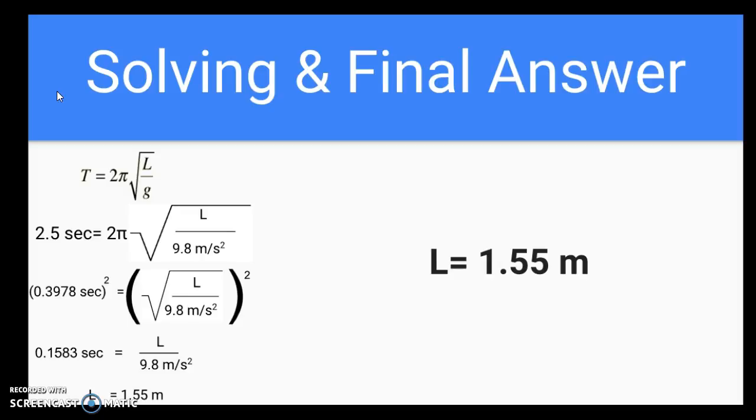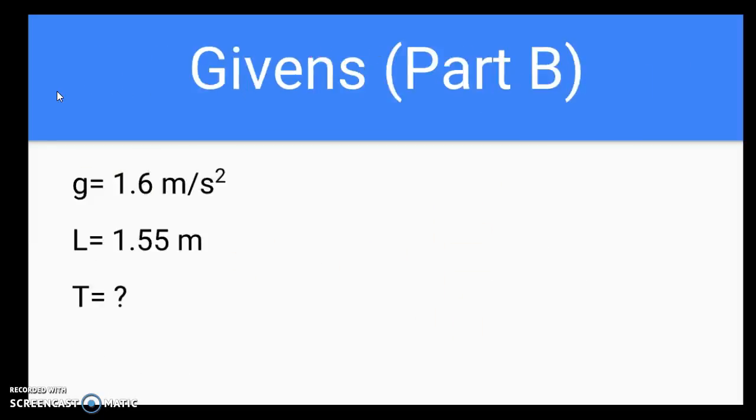After that, we are going to square both sides to cancel out the square root. Now our problem should say 1.583 equals L divided by 9.8. Then multiply both sides by 9.8, and our final answer will be L equals 1.55 meters.